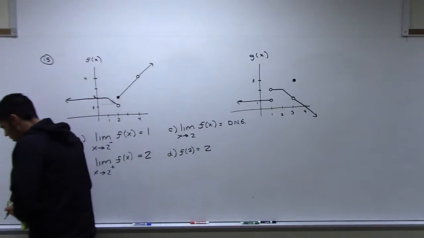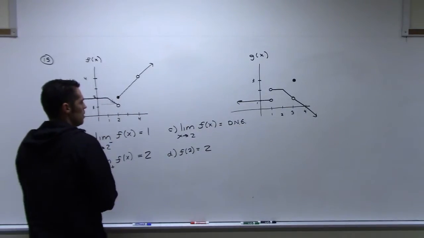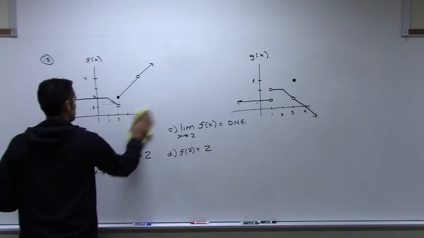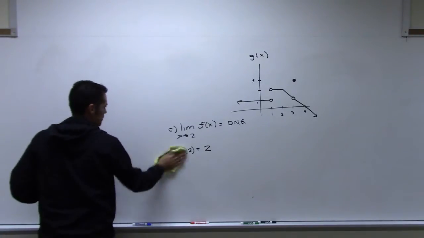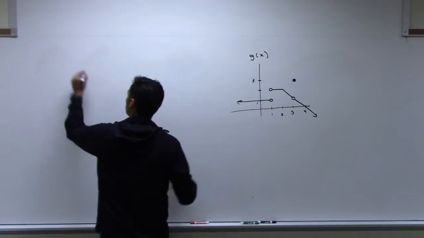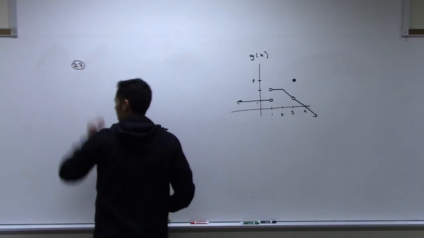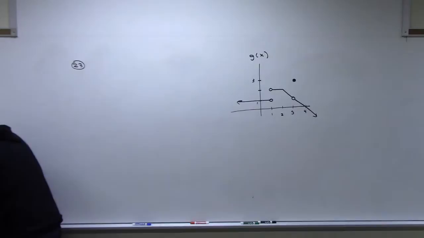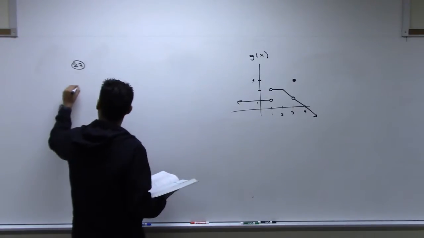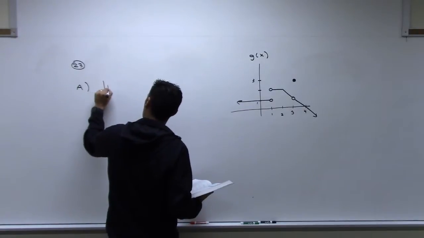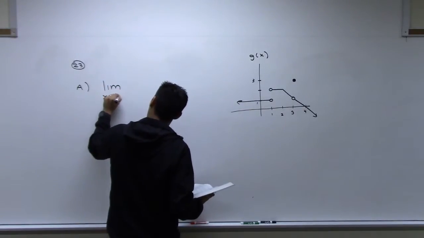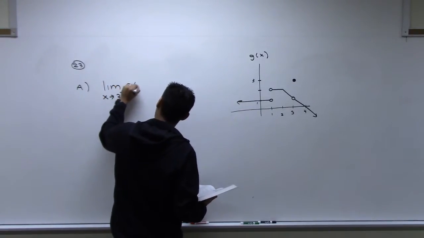Let's move on to number 23. For number 23, we are not going to need this graph. We're going to use that graph over there. And so for 23, we are being asked, first for part A, to find the limit as x approaches 3 from the left of this function g.